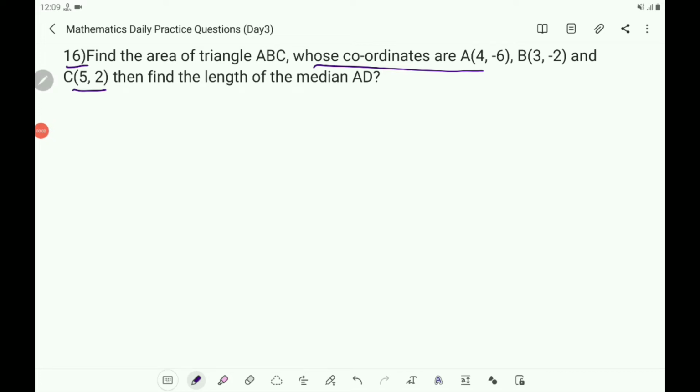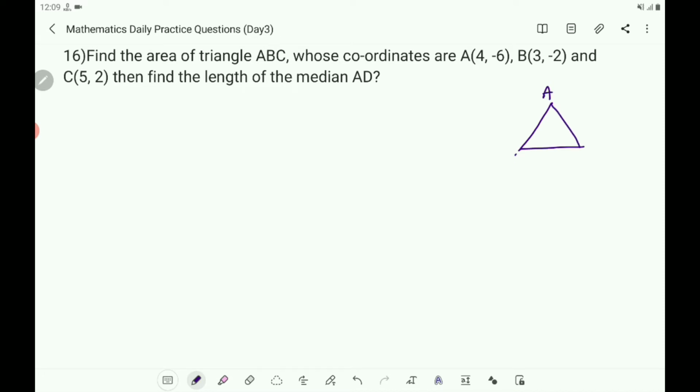16th question. Find the area of triangle ABC whose coordinates are A (4, -6), B (3, -2) and C (5, 2). Then find the length of the median AD. So let us have the rough sketch.